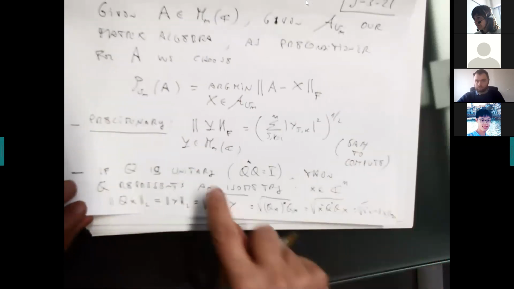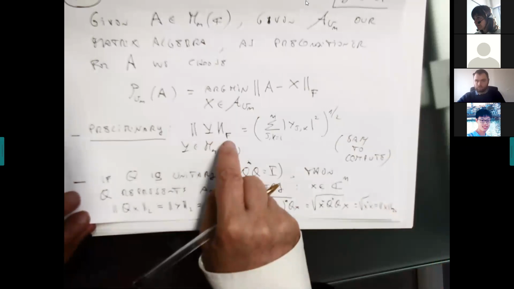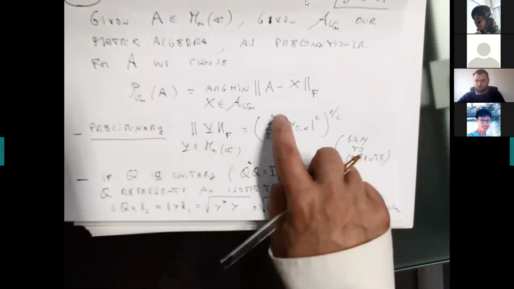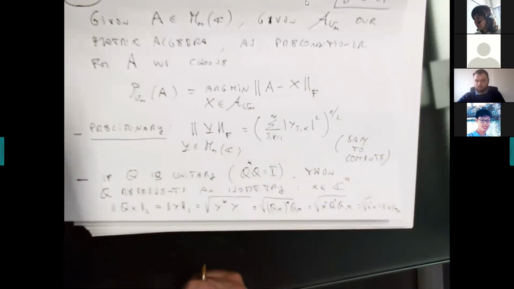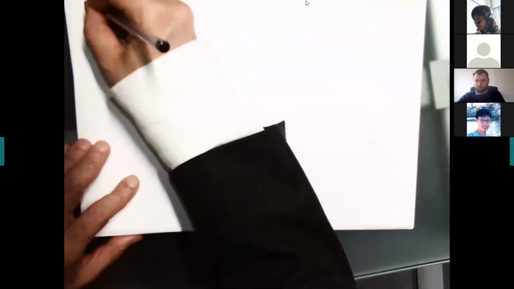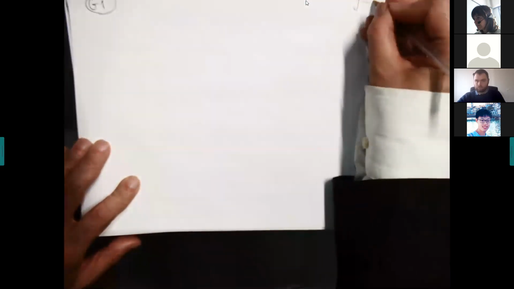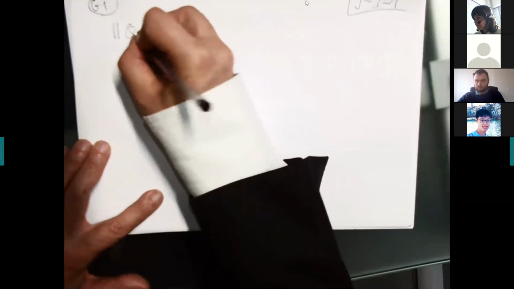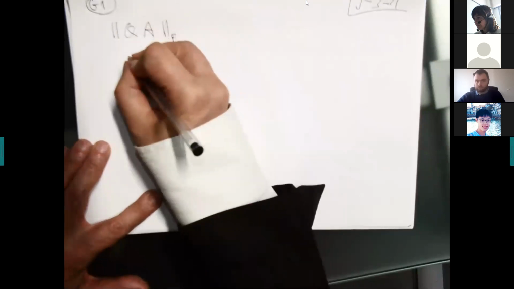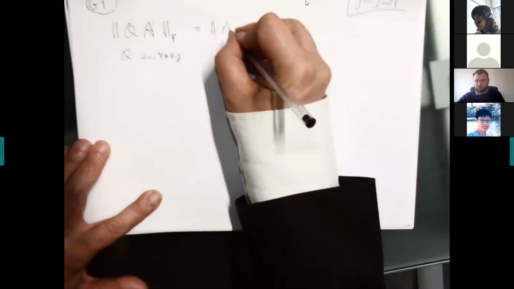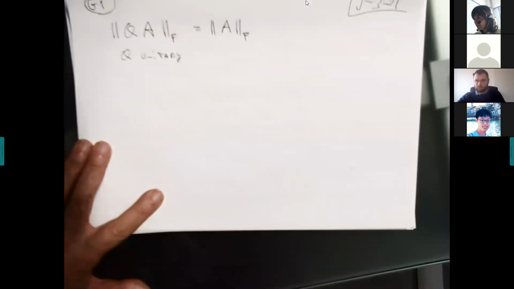But since the Frobenius norm is the Euclidean norm of a very long vector with all the columns of Y, what can we deduce? That the Frobenius norm of QA, where Q is unitary, is equal to the Frobenius norm of A. Why?